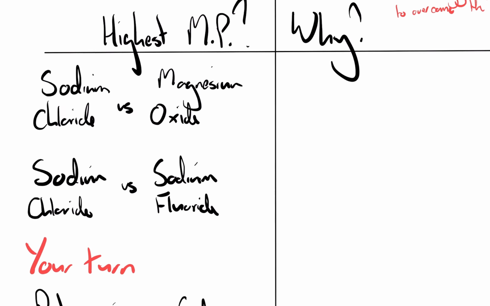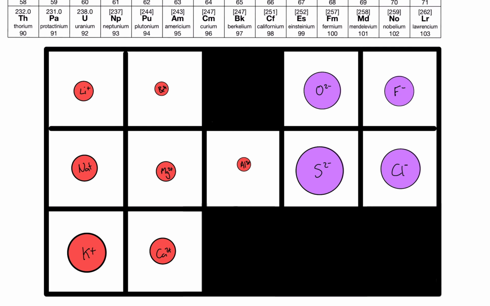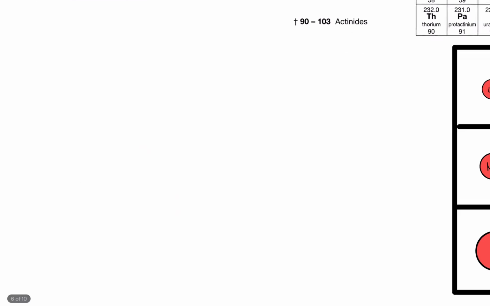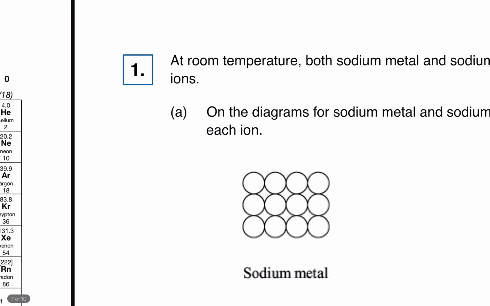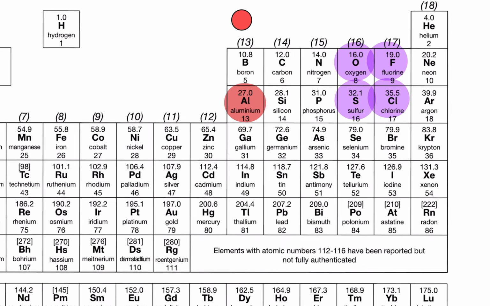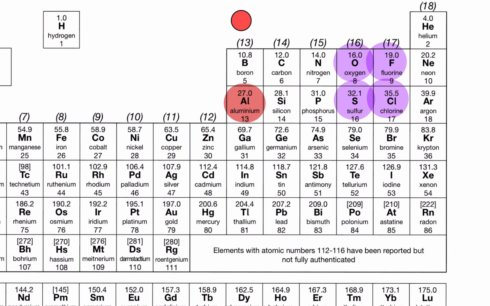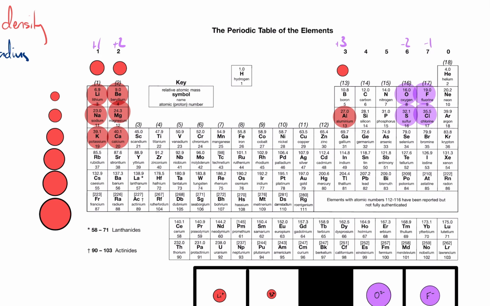So let's do some examples here. First of all, sodium chloride, magnesium oxide. If we look here, sodium, we've got a 1 plus charge, magnesium 2 plus. Smaller atom here as well. And we've got chloride and oxide. Now, clearly, charges are going to be the most important thing here.